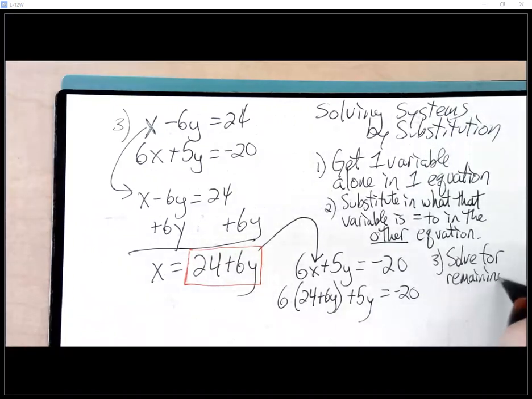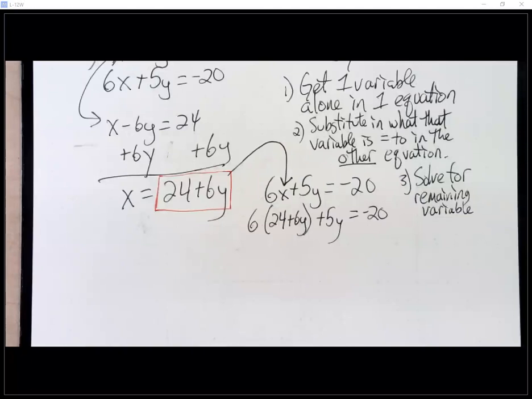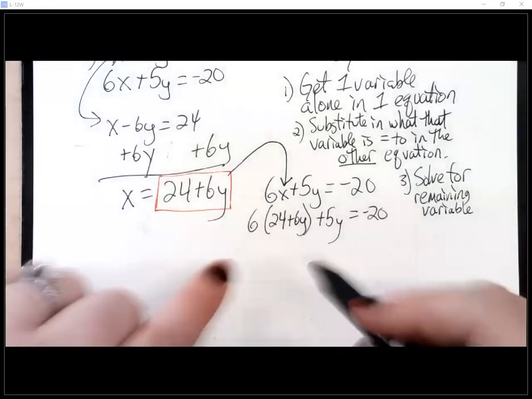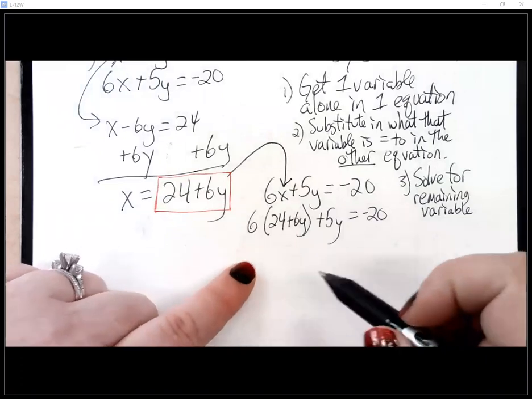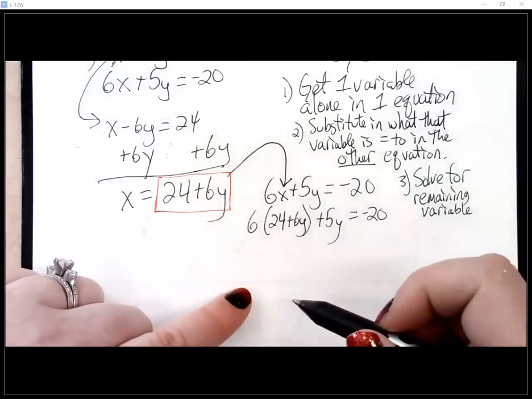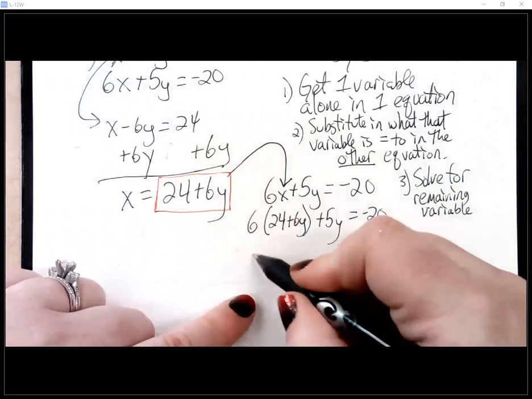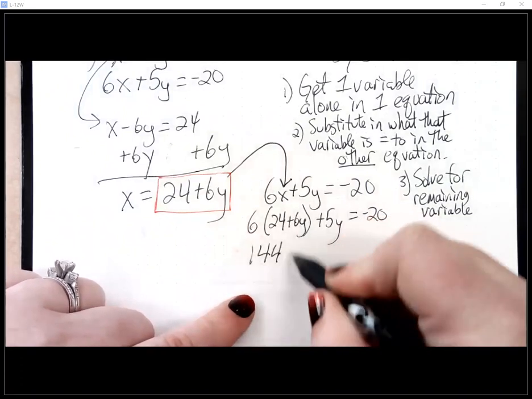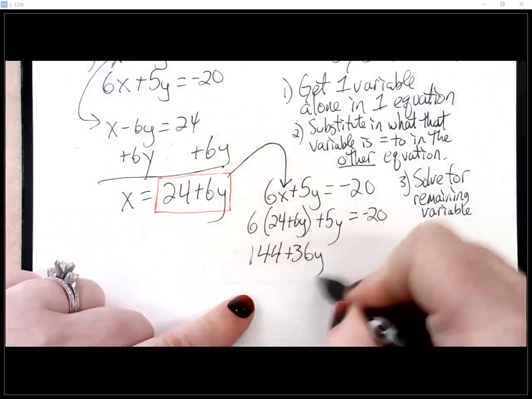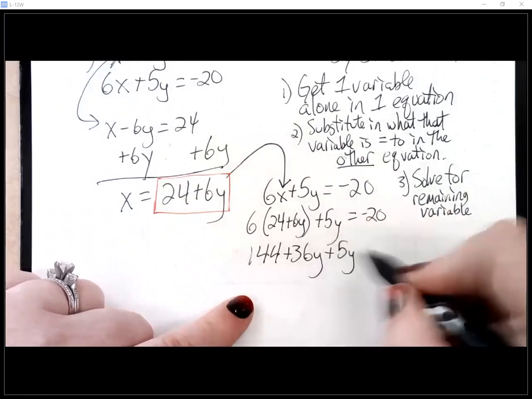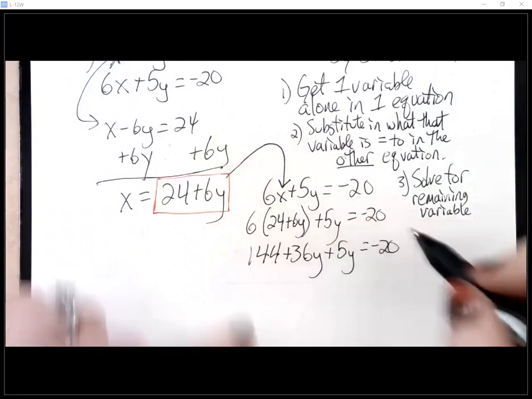Again, this is really just a crash course because I know you guys have learned this at some point in the past. So I'm just kind of going through this quite quickly. So let's just go ahead and solve 6 times 24. What's that? Is it 144? Yeah. Yes. Get your y's together.